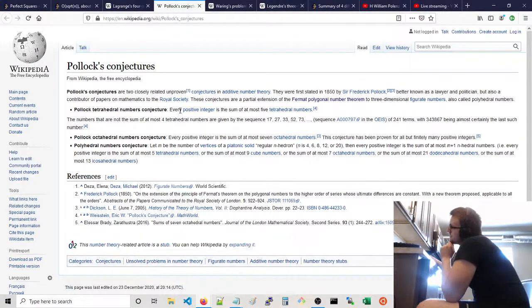Pollock tetrahedral numbers conjecture: every positive integer is the sum of at most 5 tetrahedral numbers. Numbers that are not the sum of at most 4 tetrahedral numbers are given by a sequence of 241 terms, with 343,868 being almost certainly the last such number. Almost certainly. Interesting.